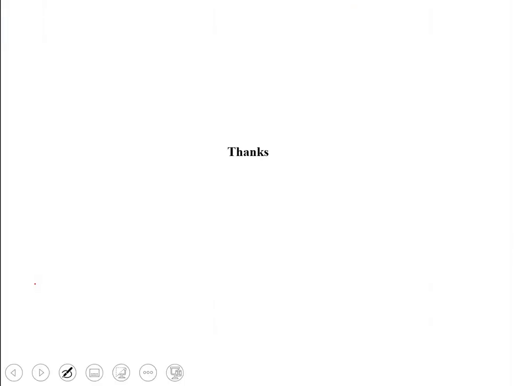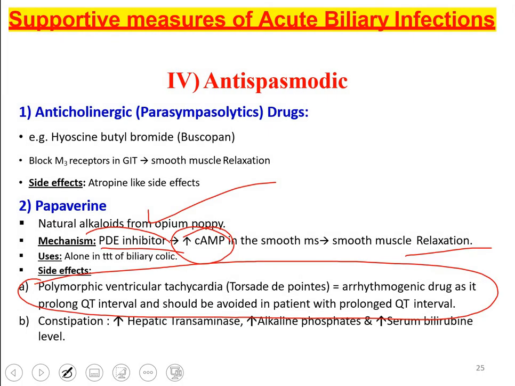I hope now you understand the drugs that affect the biliary tract system. They comprise antispasmodics, and anti-infectives like antibiotics as antimicrobial therapy, with metronidazole to cover anaerobic infection.